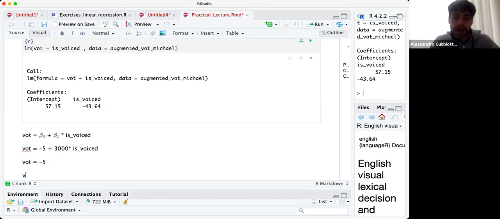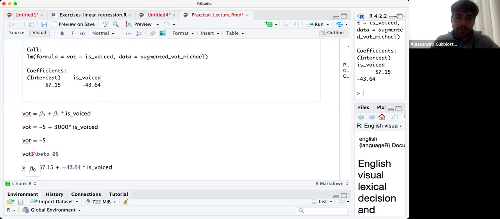You can interpret beta 0: when you substitute 0 in this variable, the vocal onset time for a voiceless variable is beta 0 plus beta 1 times 0, which is beta 0.